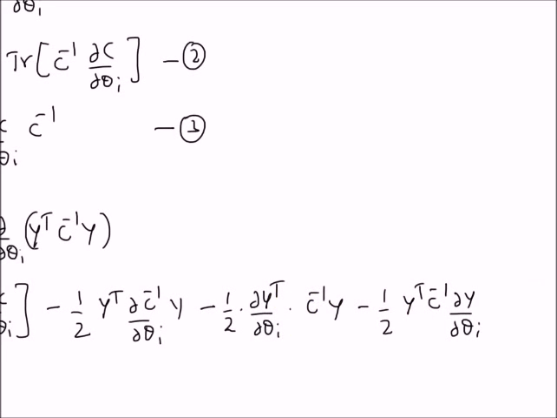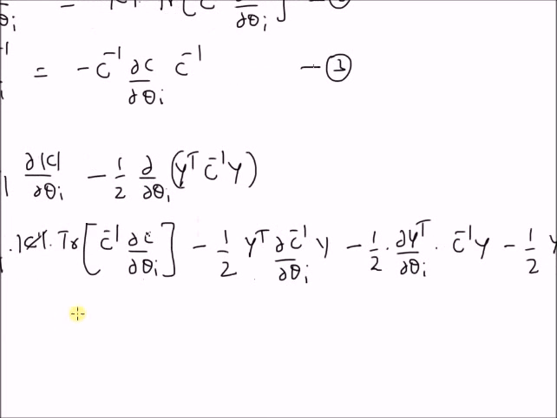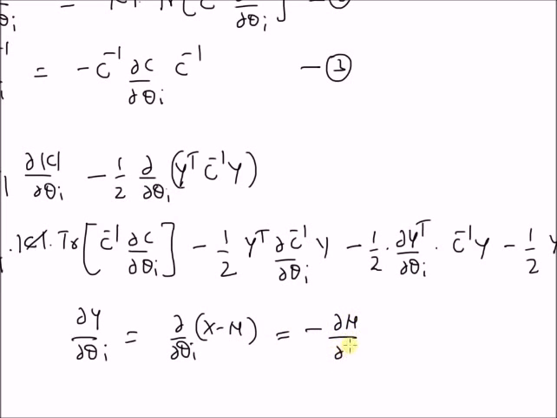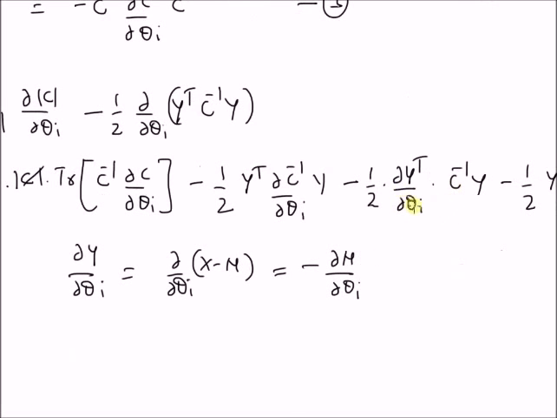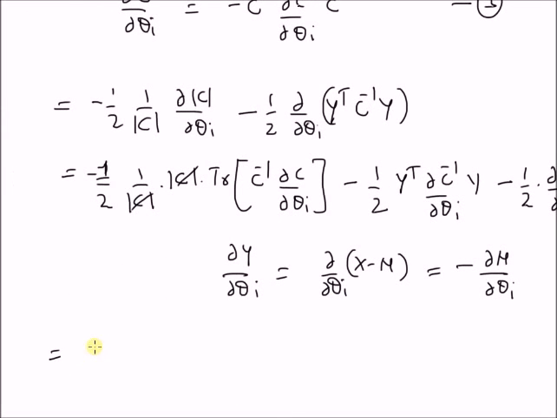And the derivative of y with respect to theta i is equal to the derivative of x minus mu, which is minus the derivative of mu with respect to theta i. We can use this formula for the last two terms of the derivative. So the first derivative of the log likelihood function becomes: the first term is minus 1 by 2 trace of C inverse derivative of C with respect to theta i.